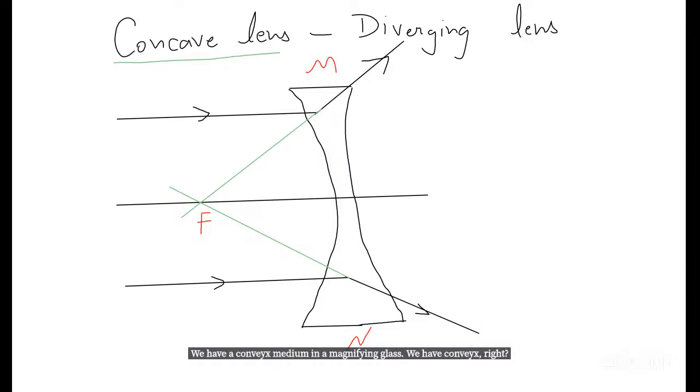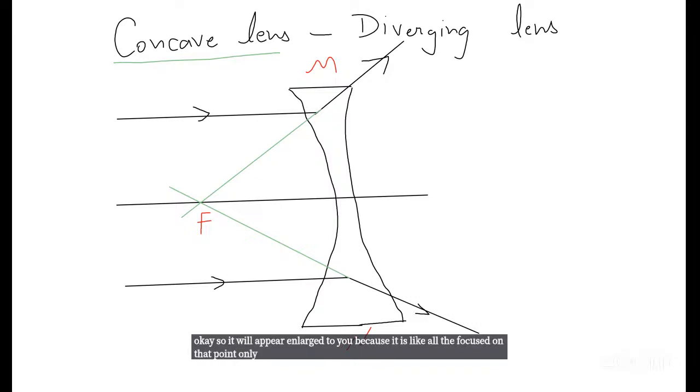Because convex lenses focus the light rays at one focal point. They are converging. So when you look with a magnifying glass, it will focus the light on that particular point where you are placing it. So it will appear enlarged to you, because all the rays are focused on that point only.